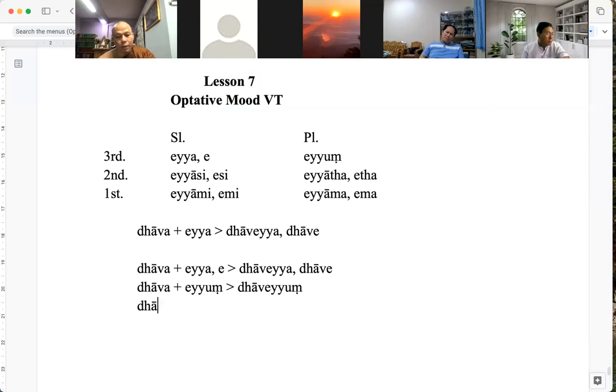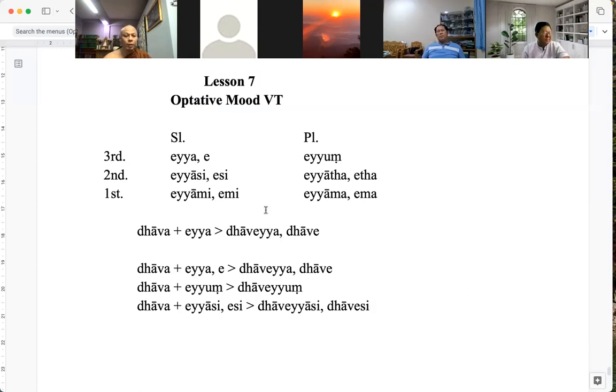In the same way, the dawa base and then ERC or AC, so we have two forms, Dawiyasi and then Dawisi.